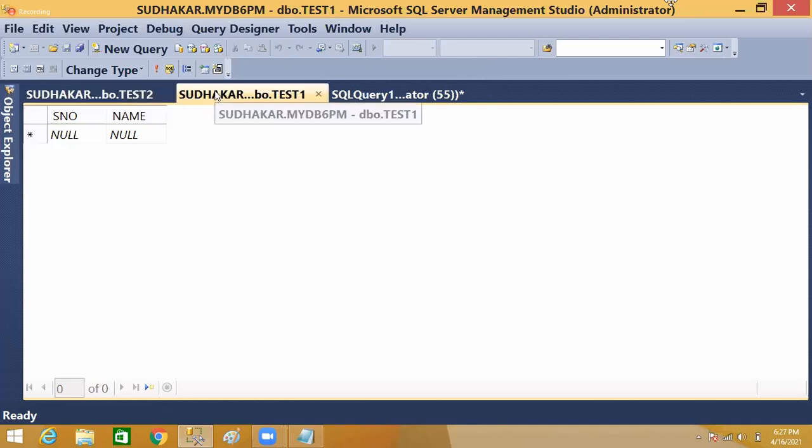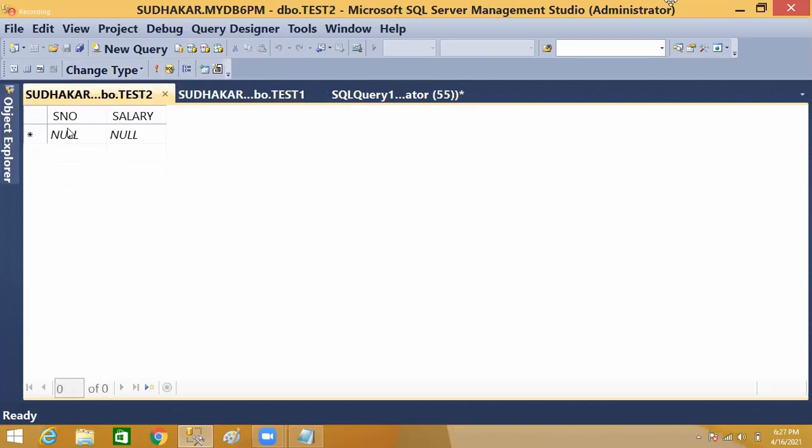In the test1 table, I'm inserting some serial numbers and some names, like 20 Jones. So this is one small table, guys. And later, test2 with serial number and salary.